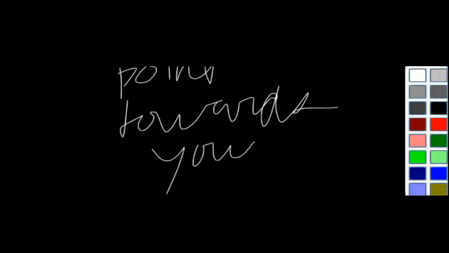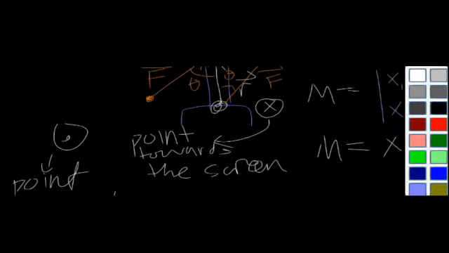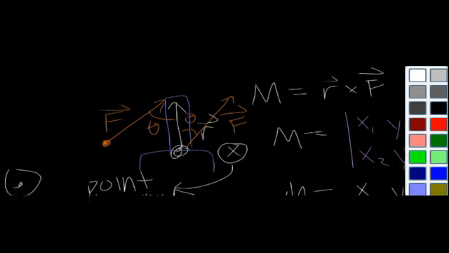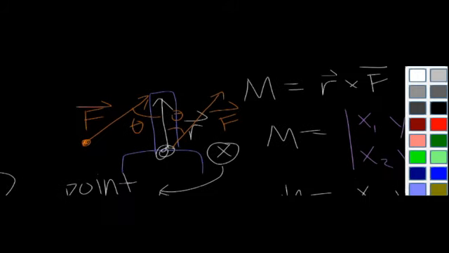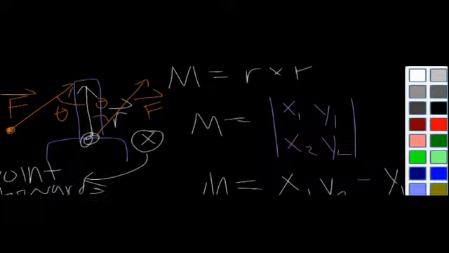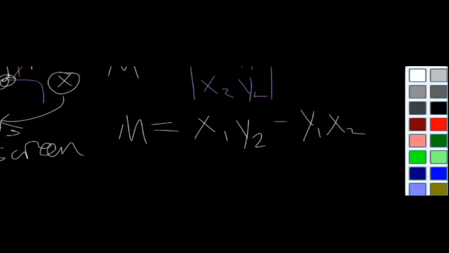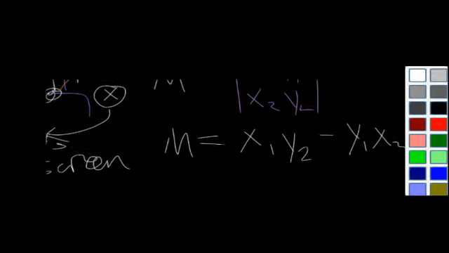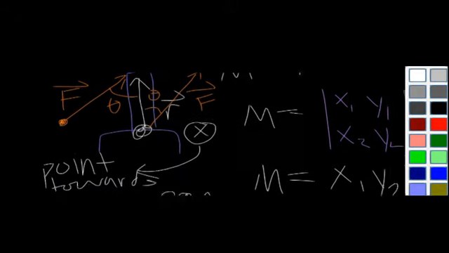Alright. So it's pointing towards the screen. That means it's perpendicular to both the vector R and the vector F.